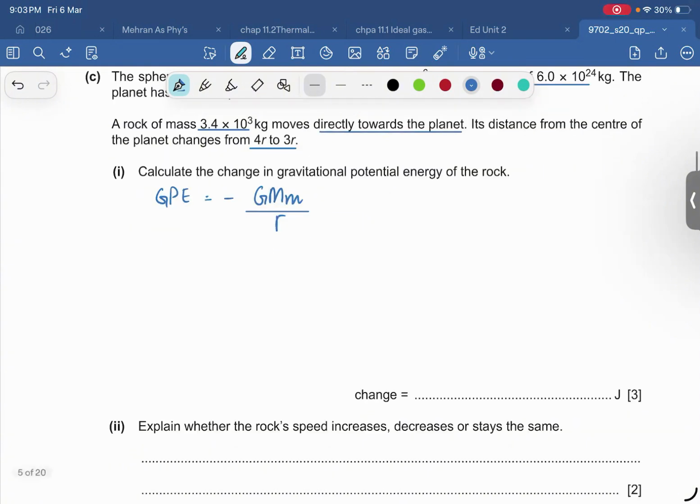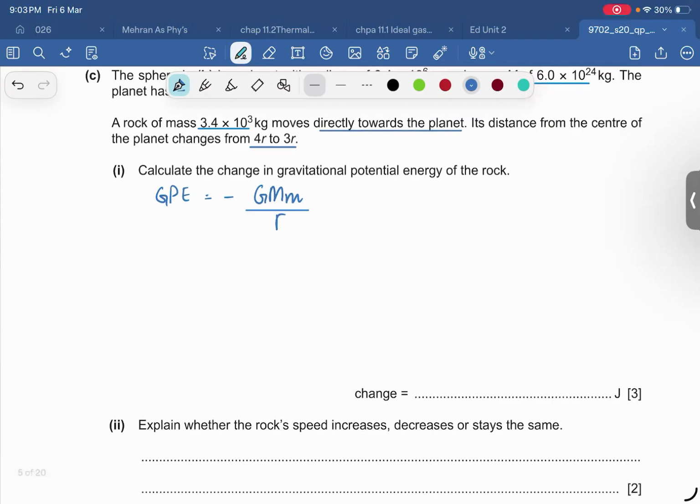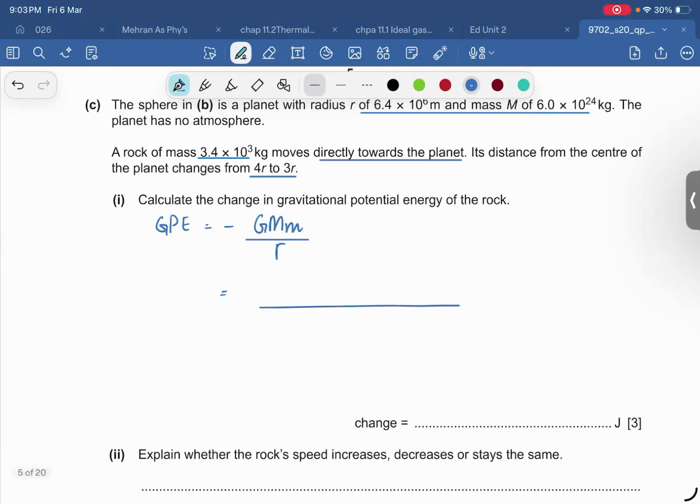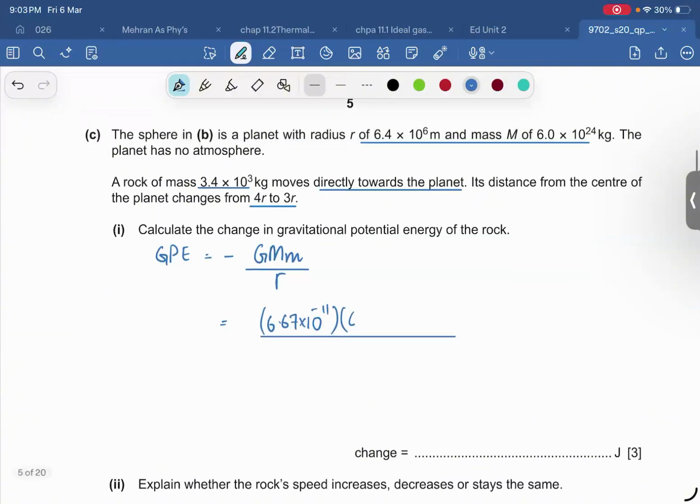Since it is moving from 4R to 3R, we use 6.67 exponent negative 11, the mass 6 exponent 24, and the other mass 3.4 exponent 3.